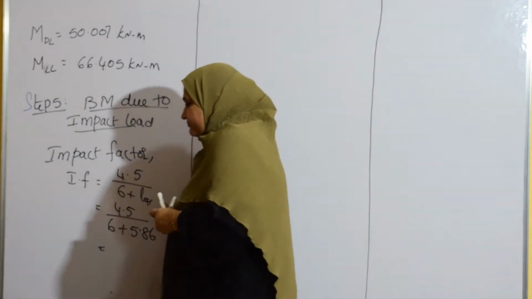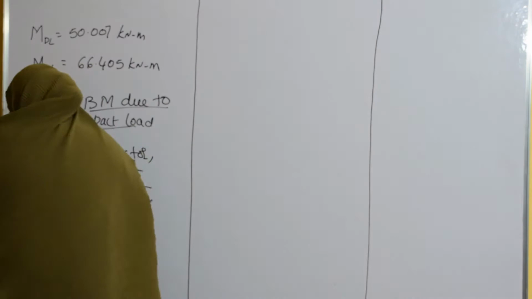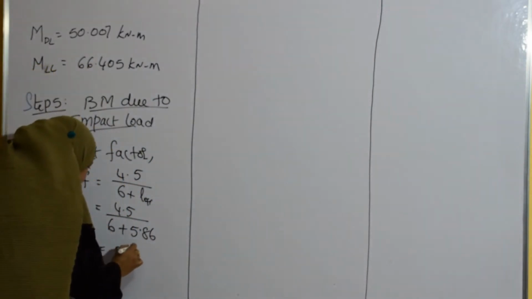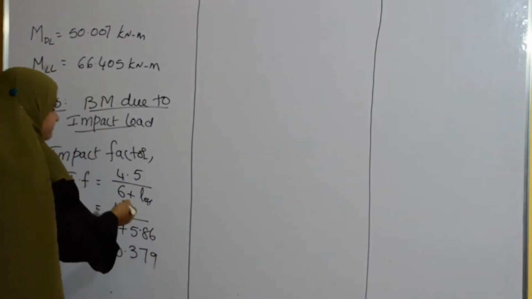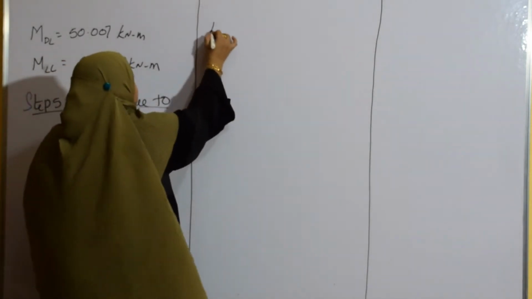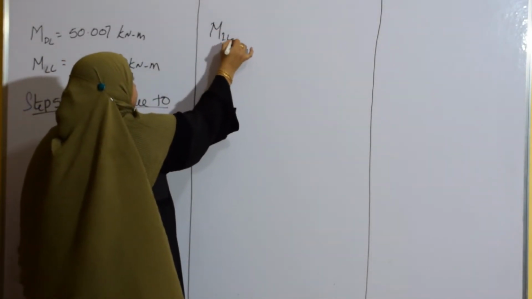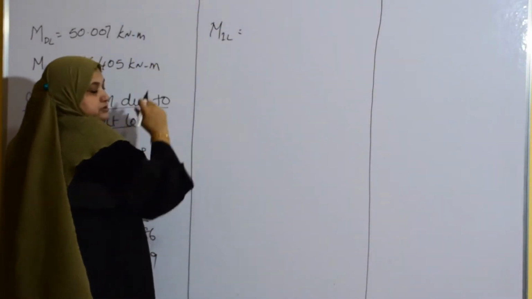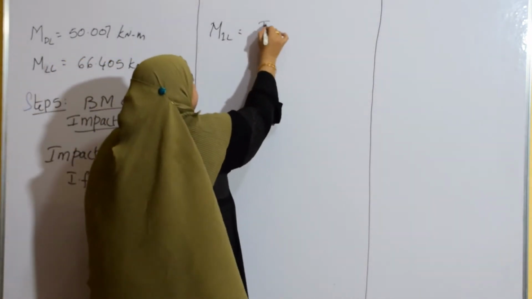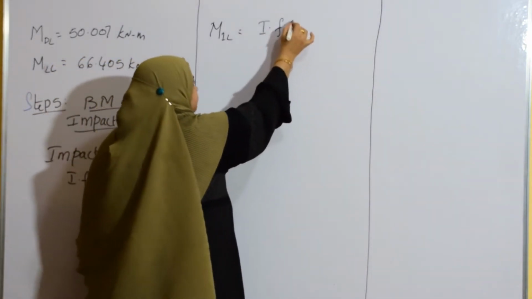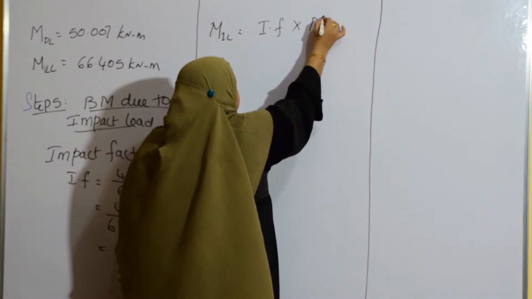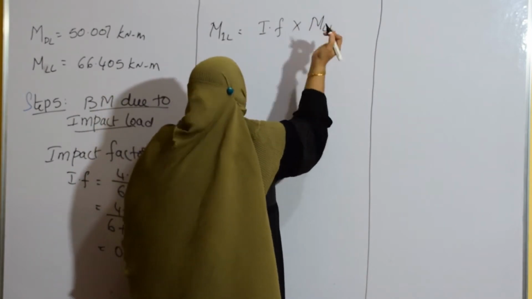When we calculate this, we get the impact factor as 0.379. Once you find it, you can easily find the bending moment due to impact load. It is very simple. Simply multiply the impact factor with the bending moment due to wheel load or live load.